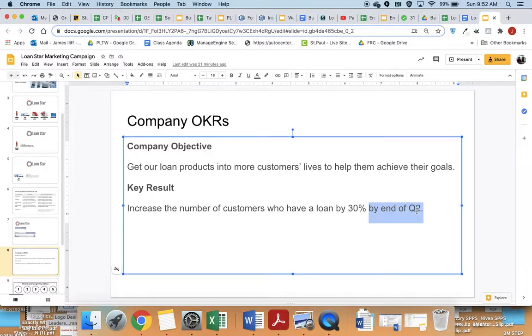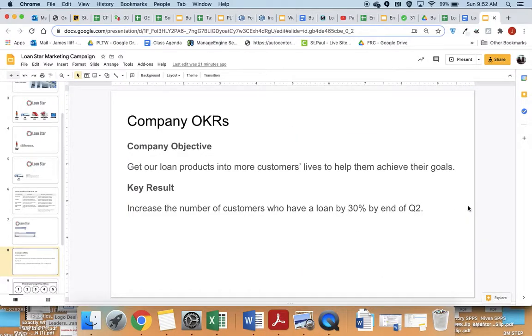Now, we don't really know when quarter two is, but if you were working there, you would know when quarter two is. Let's say that's 4 months from now, etc. But don't worry about that. Worry about this. Increase the number of customers who have loans by 30%. That's your goal.